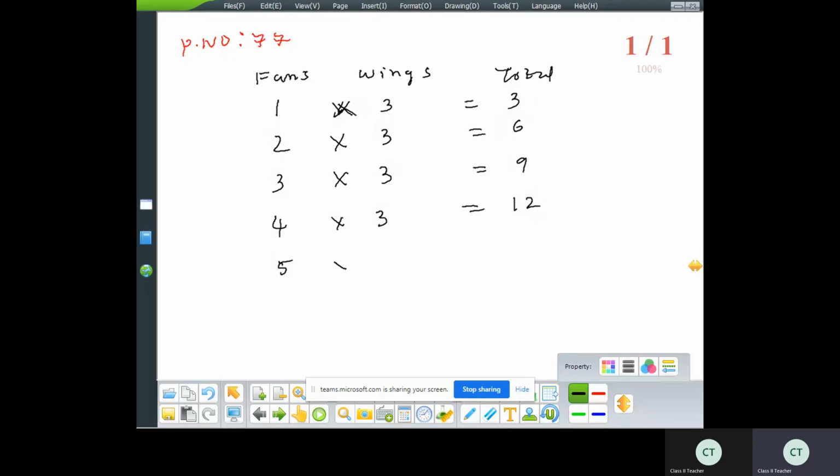5 fans, each fan has 3 wings. 5 threes are 15. Total wings in 5 fans are 15.